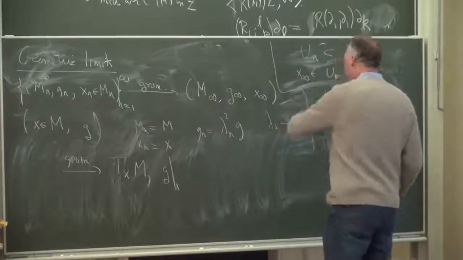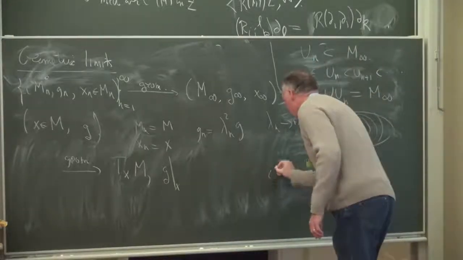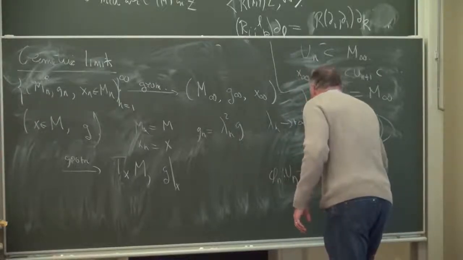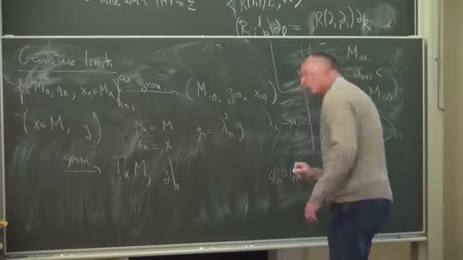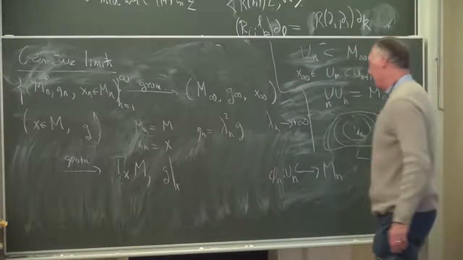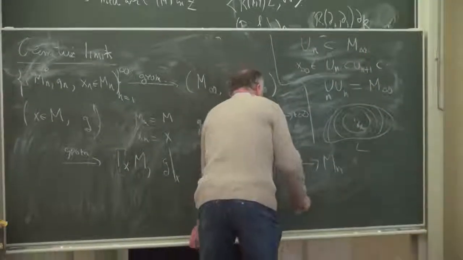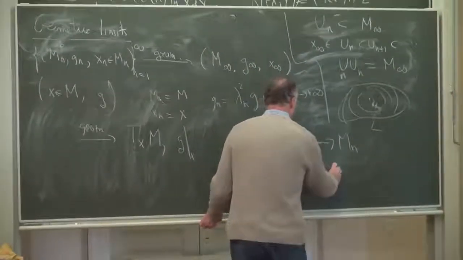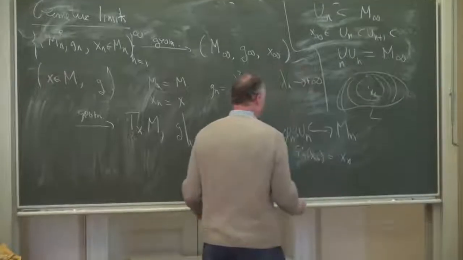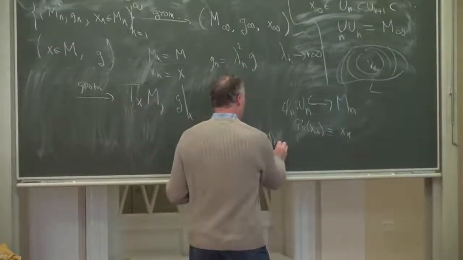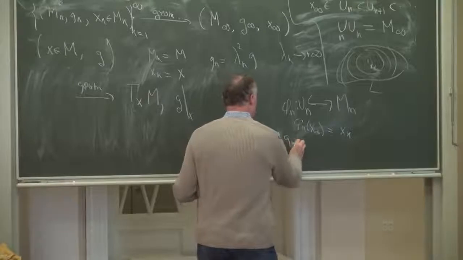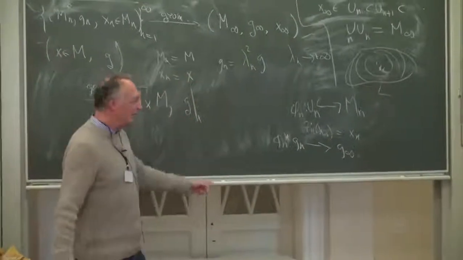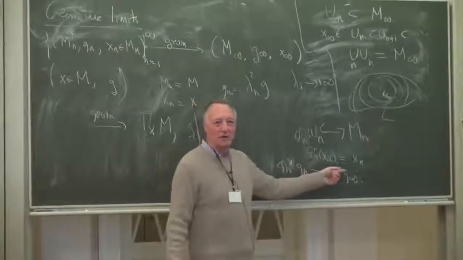And for all n sufficiently large, we have an embedding of the nth open set back into Mn. Smooth embedding. And it sends the base point to base point. And the metrics converge when pulled back. Now this convergence, of course, means uniformly on compact sets.